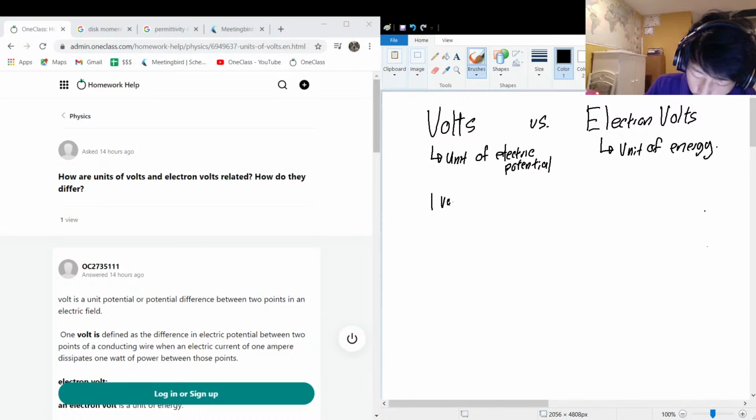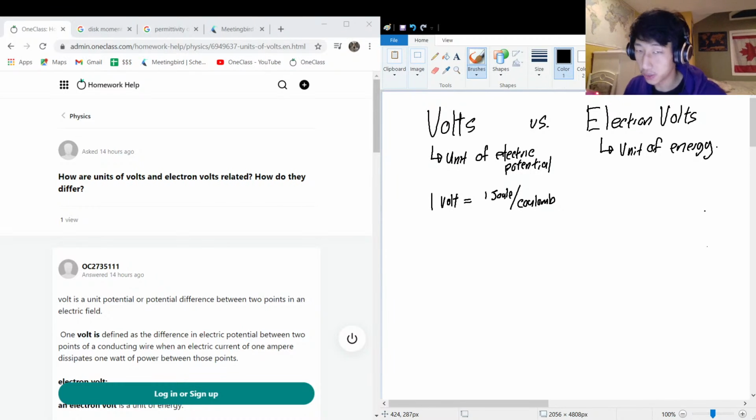One volt is equal to 1 joule per coulomb. Okay, so you can kind of see how they relate to each other, because the definition of a volt is 1 joule divided by coulomb. It's the amount of energy that a single coulomb of charge would feel at that particular point, the amount of potential energy.